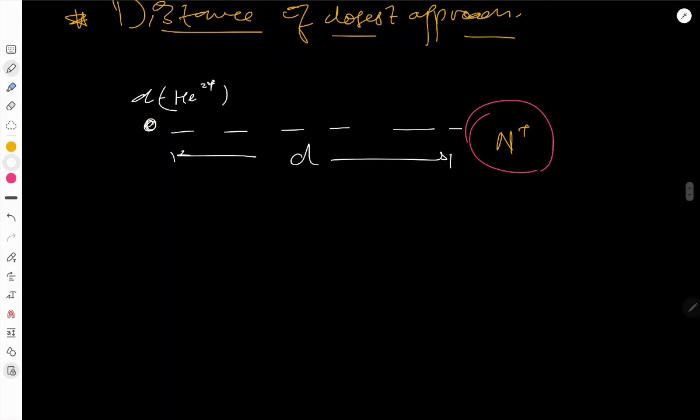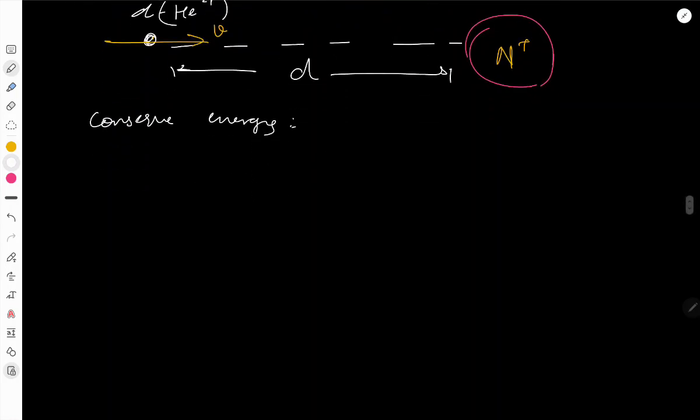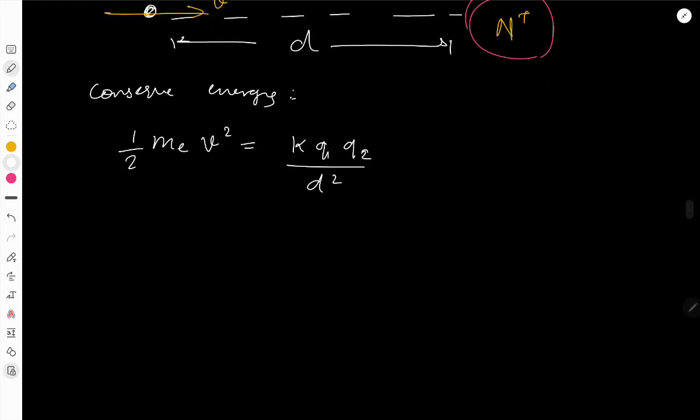So for that we can simply write the forces over here. It is moving with an energy, with a velocity v, and there is a force of repulsion between them. So what we can do is conserve energy, and we can write half m v square equals k q1 q2 upon the distance between them, d.